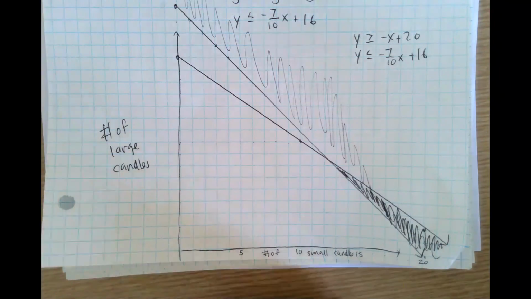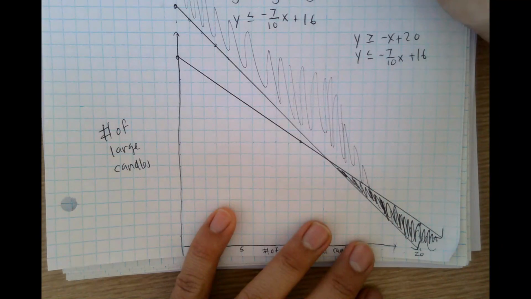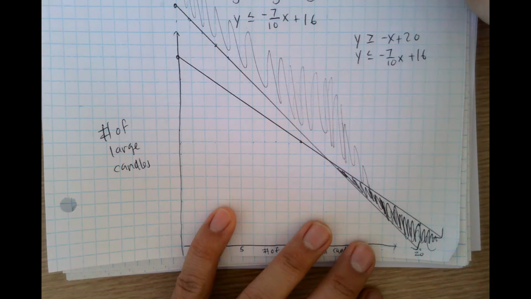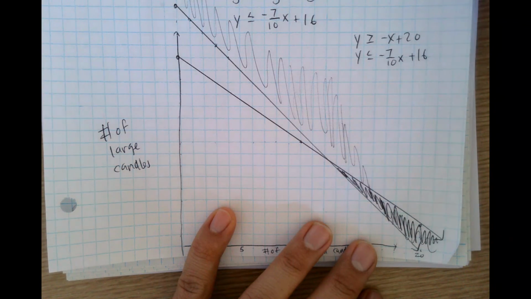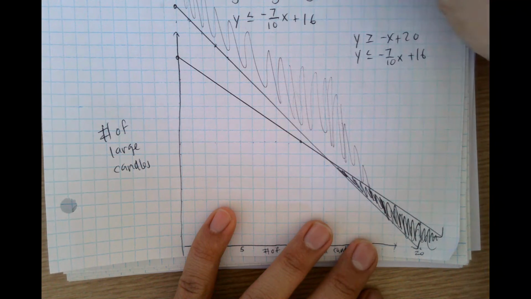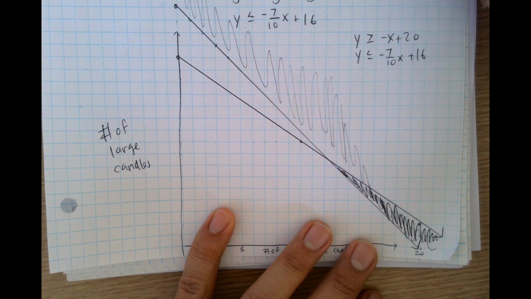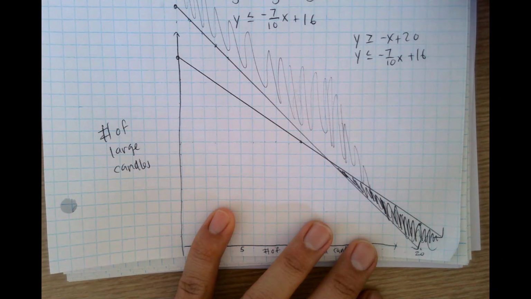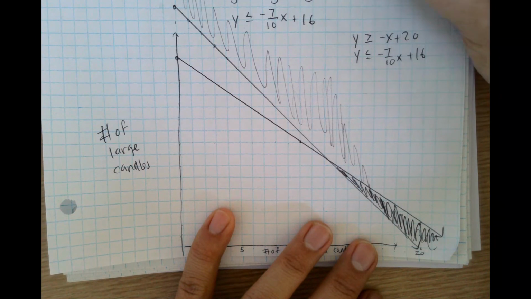So if they ask us, if Jonah buys 20 small candles, what is the maximum amount of large candles Jonah can buy?